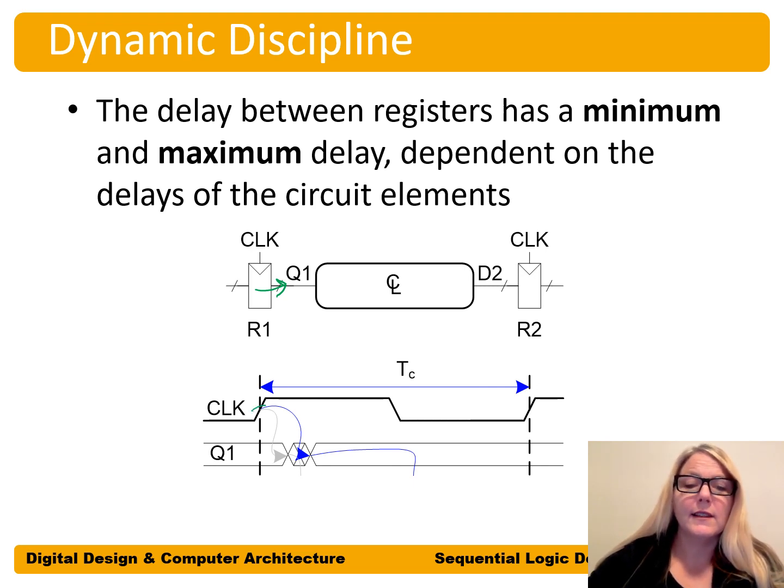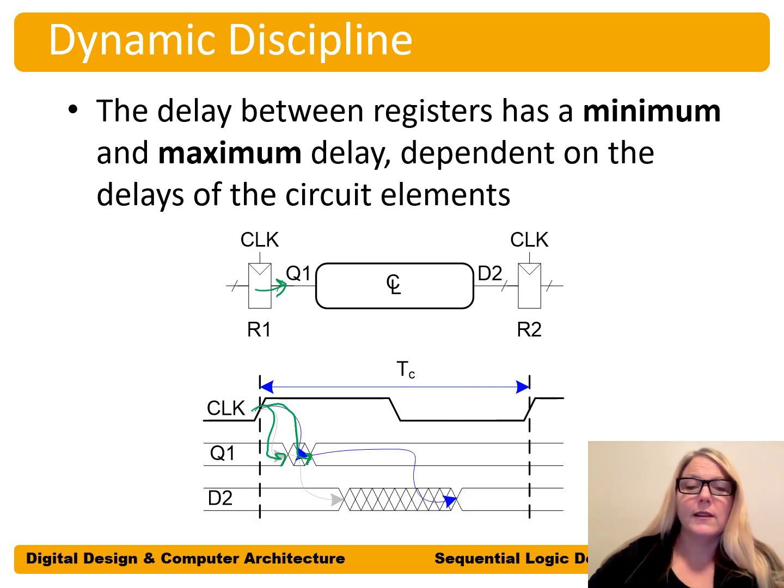So after the clock edge, TCCQ is the minimum, TPCQ is the maximum, and then after it gets out of register 1, R1, we also have a minimum and maximum delay through the combinational logic: CD, contamination delay, or the maximum delay TPD. And then it takes some time to get into the circuit as well. So that's our setup time.